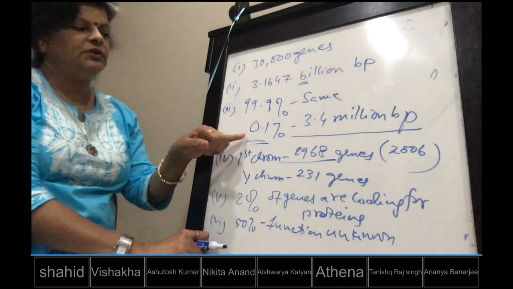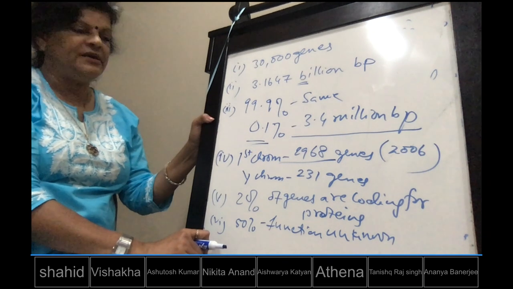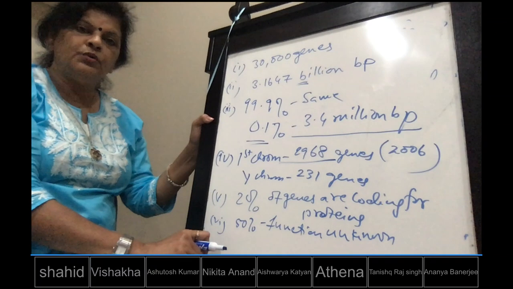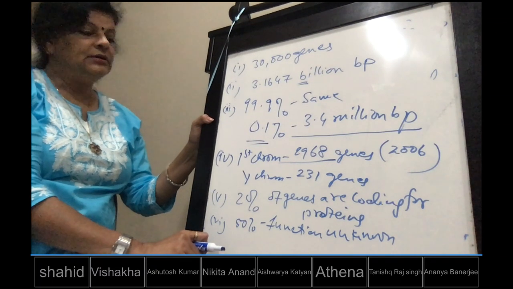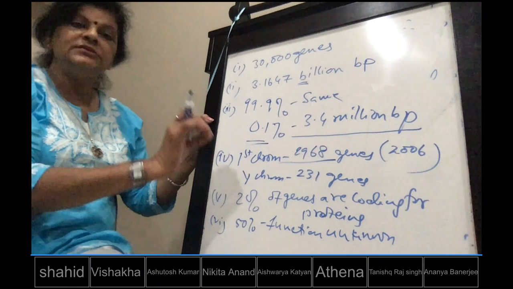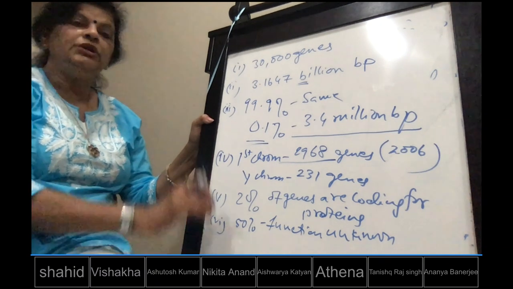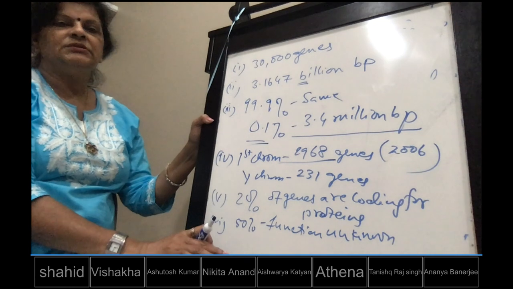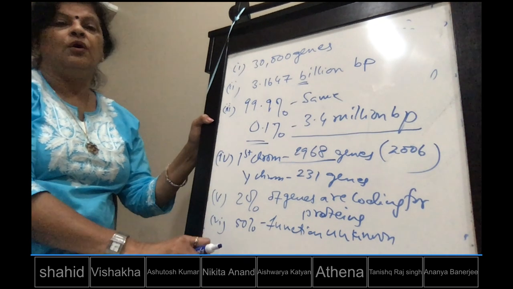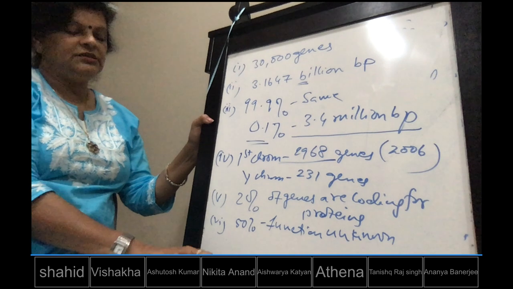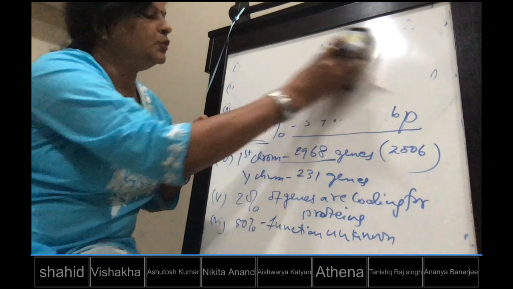The difference is only in 0.1%, which amounts to 3.4 million base pairs. First chromosome has the highest number of genes, 2968. Y chromosome has the least number of genes, 231 genes. Only 2% of the genes are coding for protein, and for 50% of the genes the functions are still unknown.